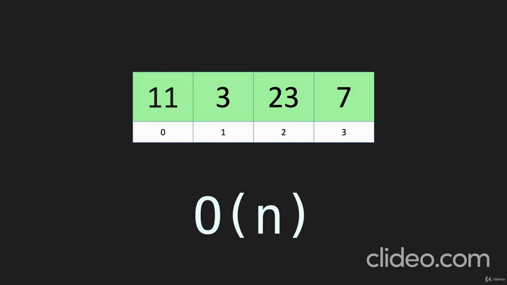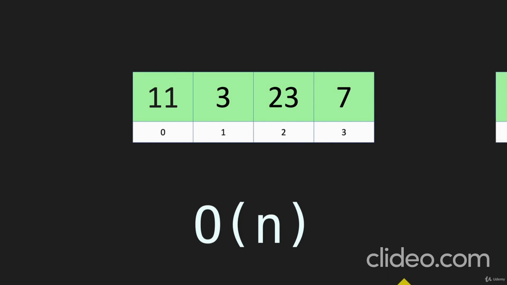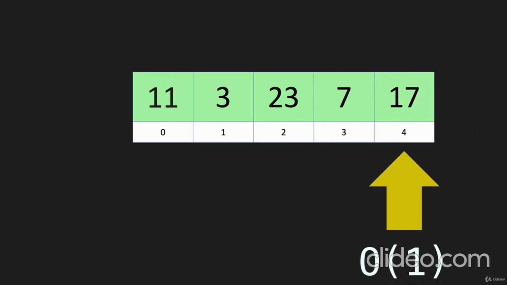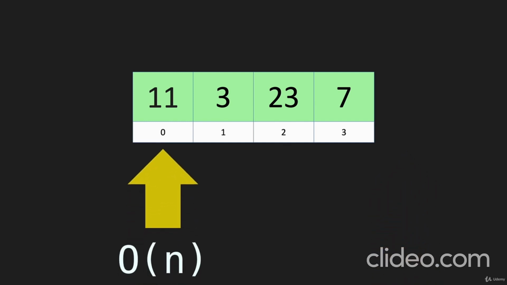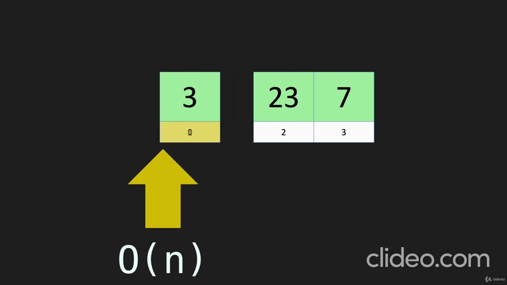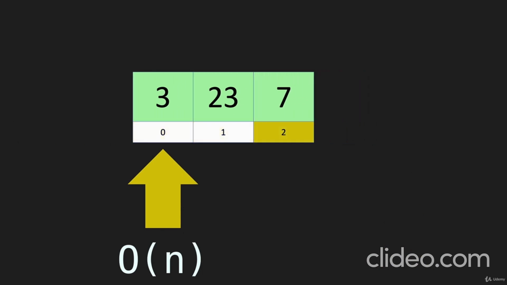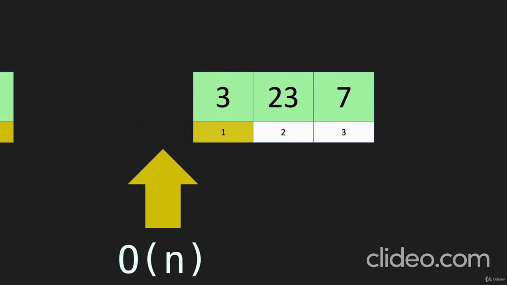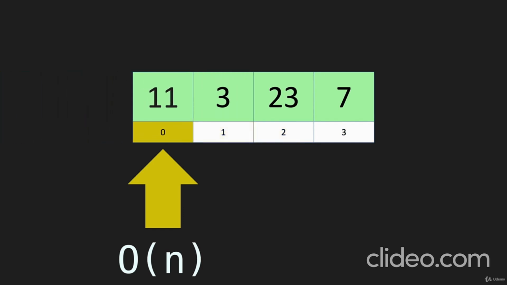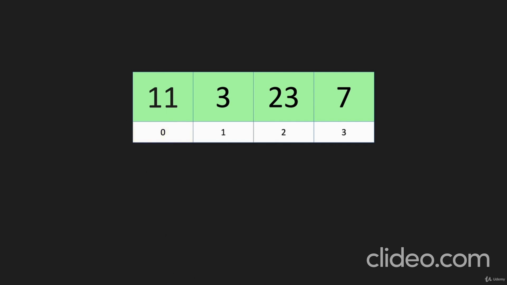Very important with arrays to understand that on this end, adding and removing are both O of 1. On the other end, removing because of the reindexing and bringing it back because of the reindexing are both O of n.